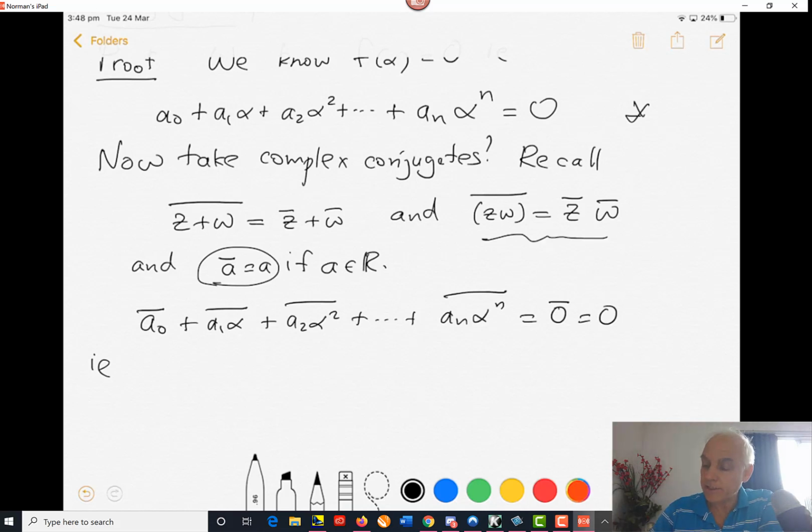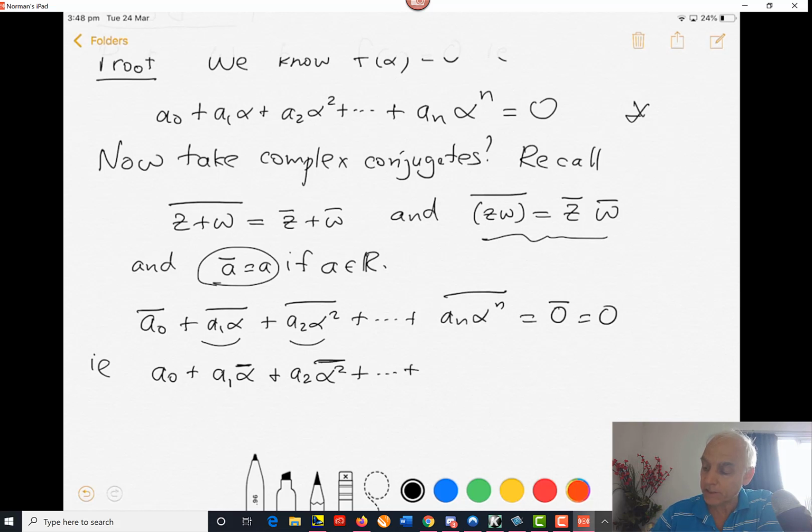So this becomes a0 plus the complex conjugate of a1, which is itself, times the complex conjugate of alpha, which is alpha bar. And the next term, the complex conjugate of a2 is just a2 itself, because we're assuming it's real. And the complex conjugate of alpha squared is its complex conjugate.